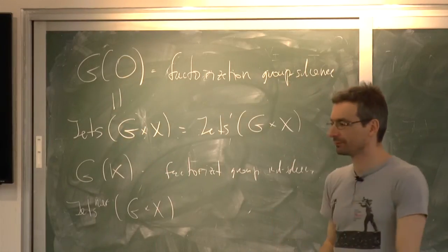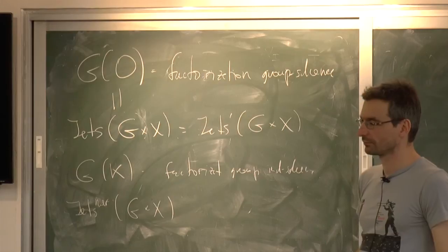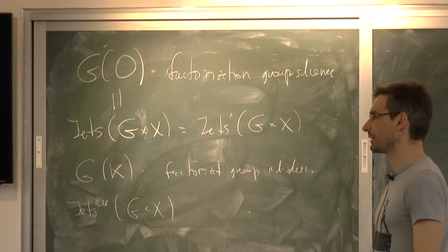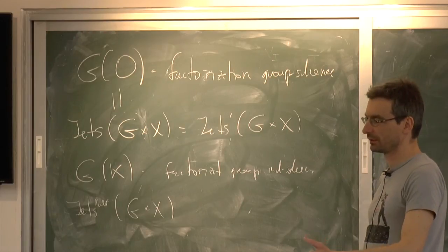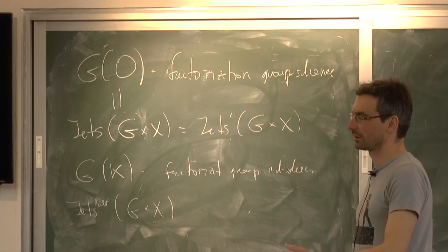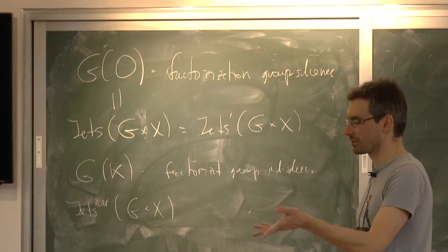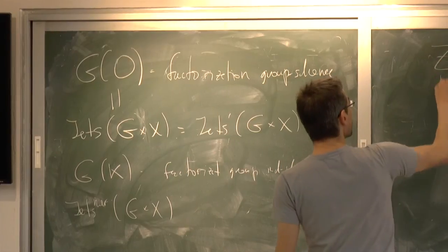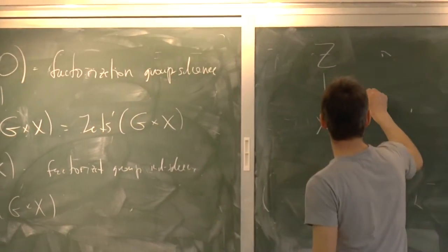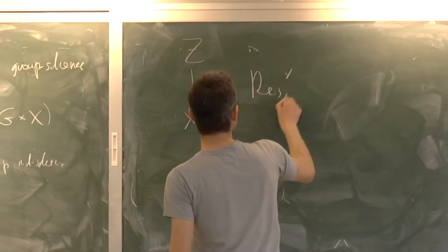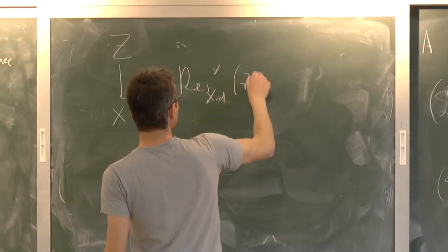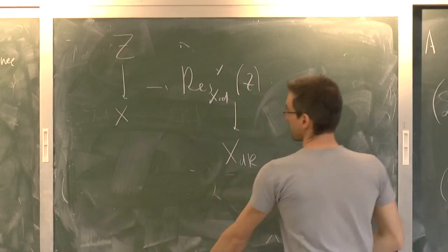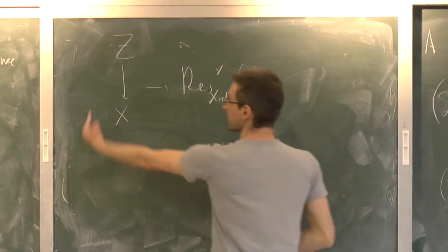Can you obtain one from the other by taking horizontal sections or something? You mean horizontal versus not horizontal? From jets horizontal you can get jets. Namely, if you have any z over x, you can do restriction of scalars a la v of z, and it will be over x derived. So jets horizontal into this is the same as jets into this.